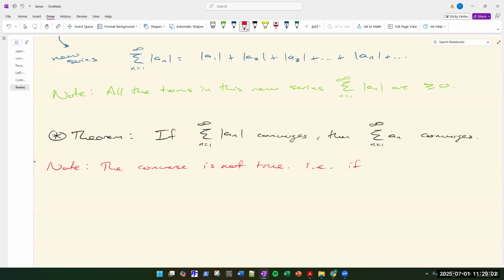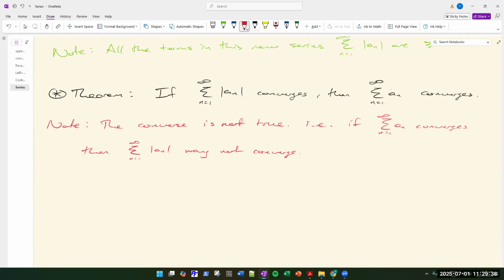That is, if the original series converges, then this new series where I am summing the absolute values may not converge. Okay, so if the original series converges, we cannot say anything about this new series with the absolute value. However, if the series with the absolute value converges, then the original series is guaranteed to converge.